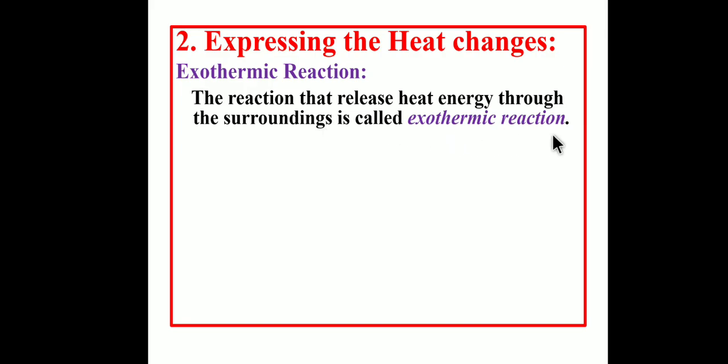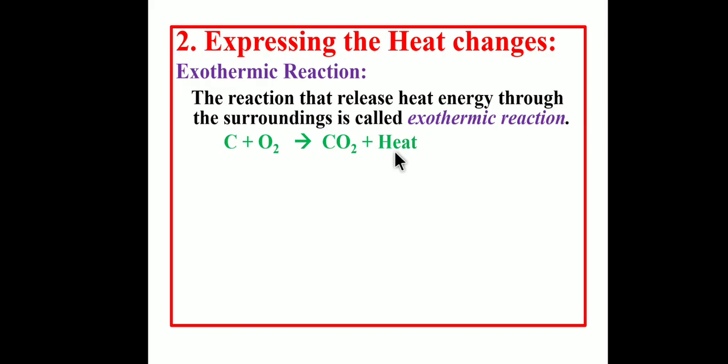Coming to the example, carbon on combustion with oxygen gives carbon dioxide. Along with this, it releases heat energy. This plus indicates the releasing. If you represent plus heat on the product's side, then it is an exothermic reaction.